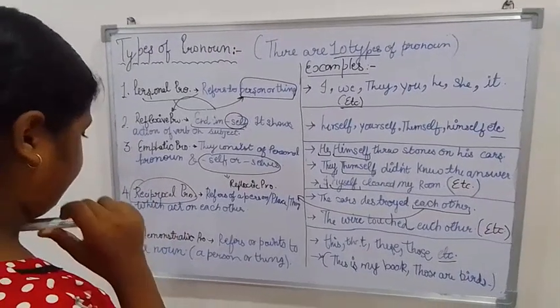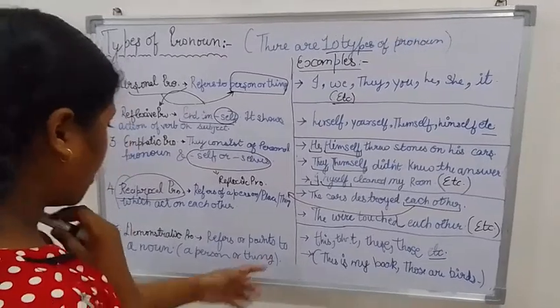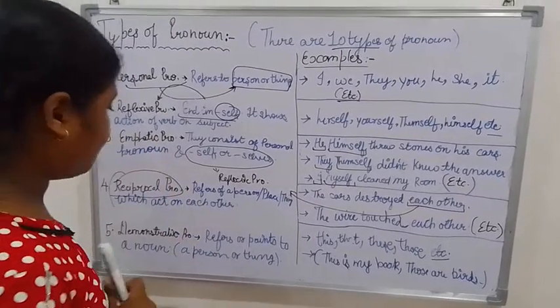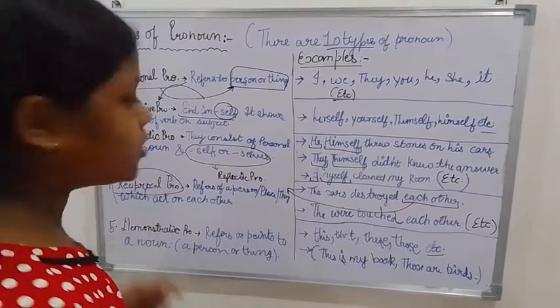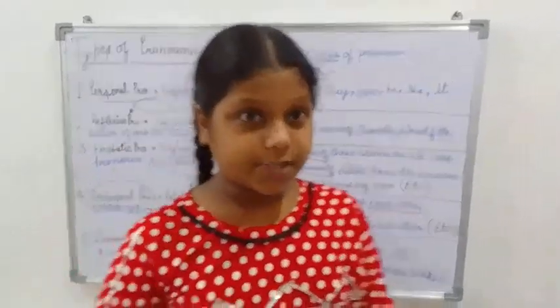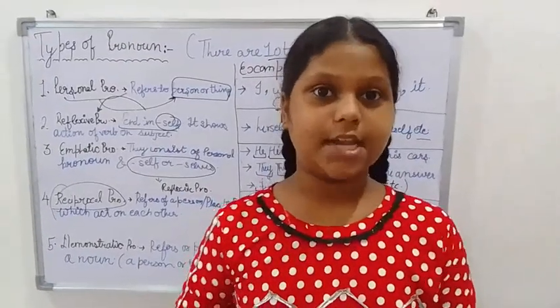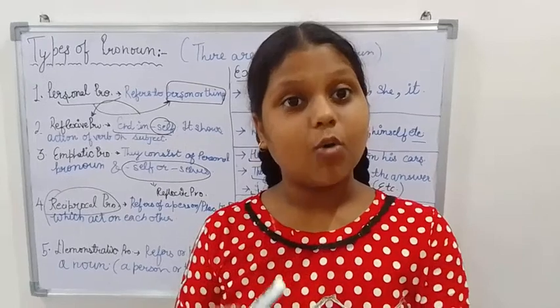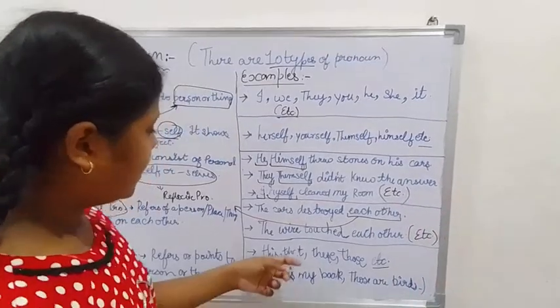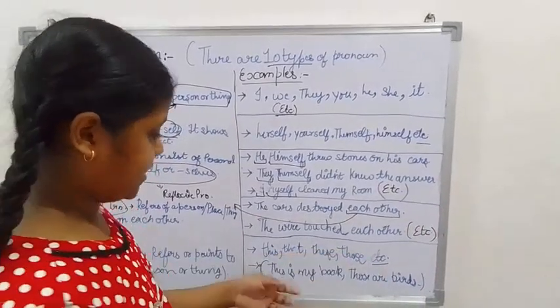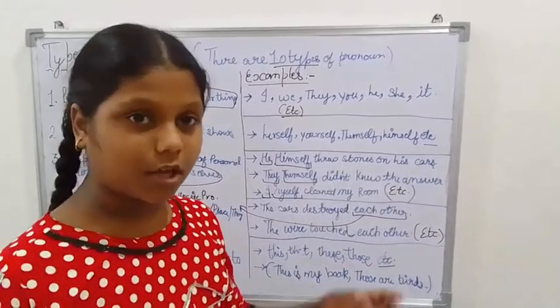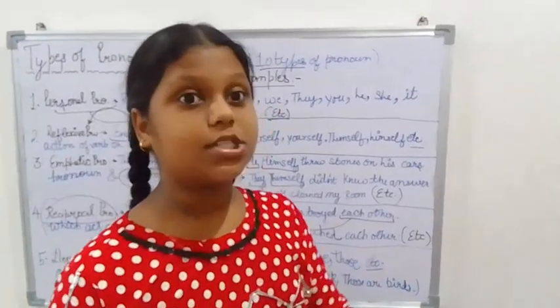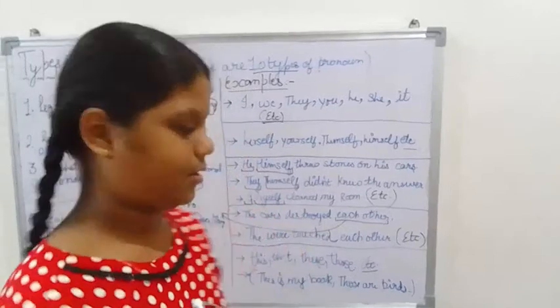Now, demonstrative pronoun refers or points to a noun, a person or thing. Demonstrative pronoun refers to the noun in a sentence. It points toward the noun in a sentence. For example, this, that, these, those, etc. Now I will carry on these examples into sentences to explain better.